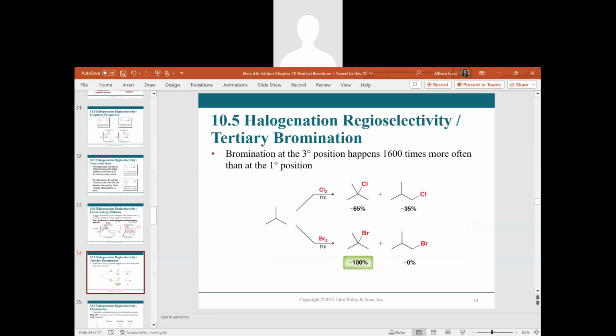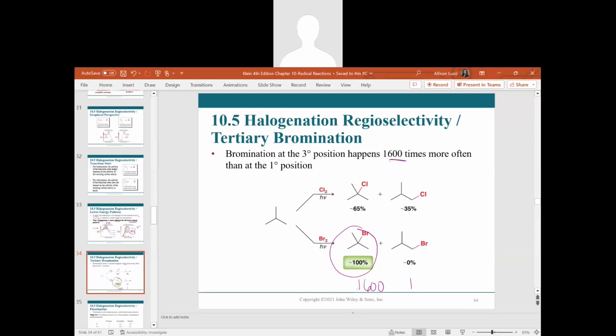So let's take a look here at what can happen in the overall bromination versus chlorination if we have the possibility of a tertiary site versus a primary site. So at the tertiary site, when we have bromination, this really occurs pretty much at 100%. And that's because if we were to say relative reaction product concentrations, if this was one, this would be about 1,600 times more often.